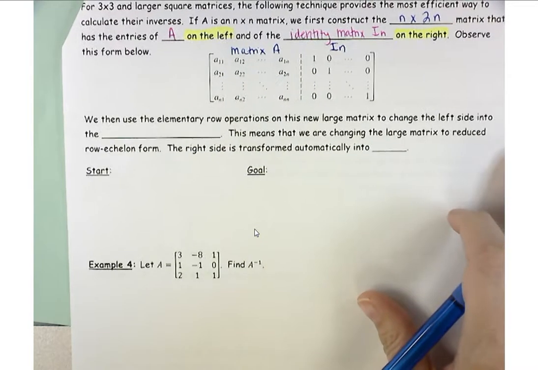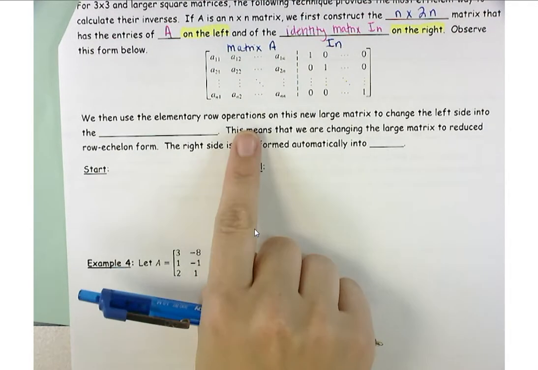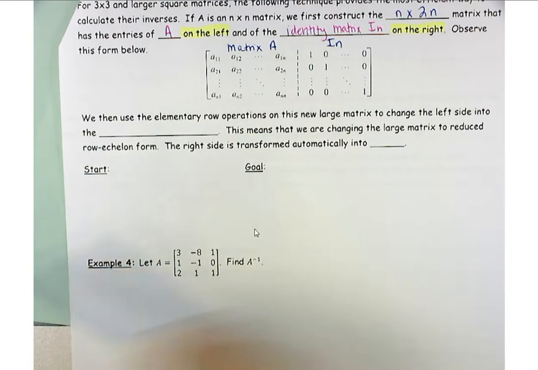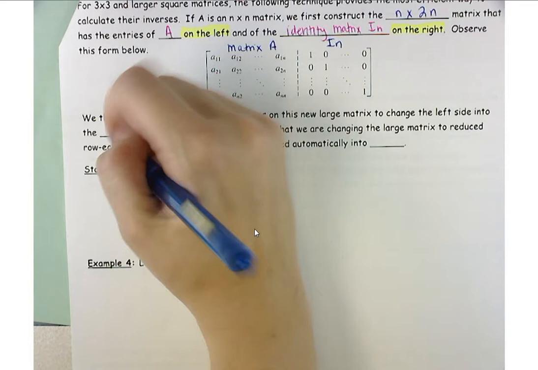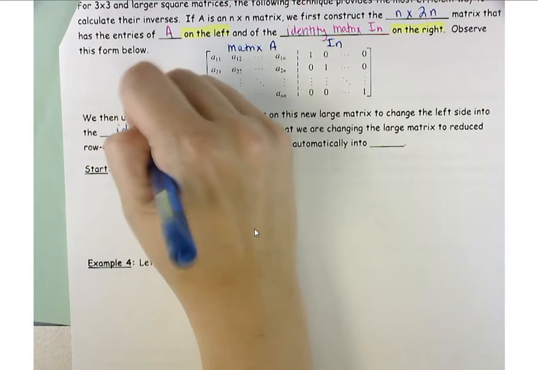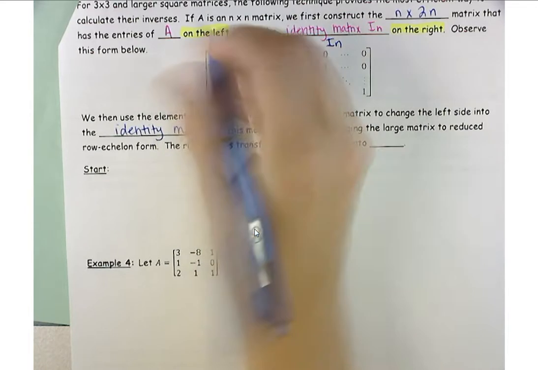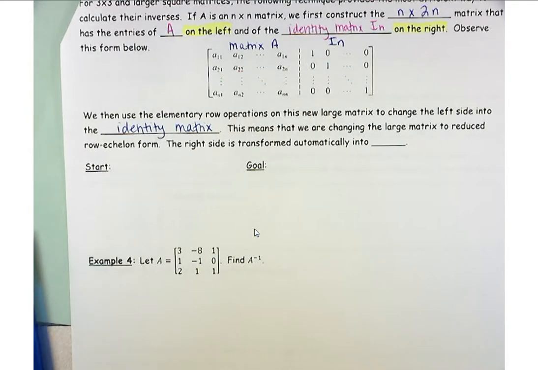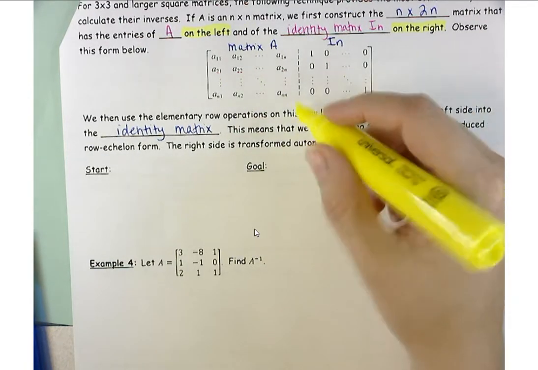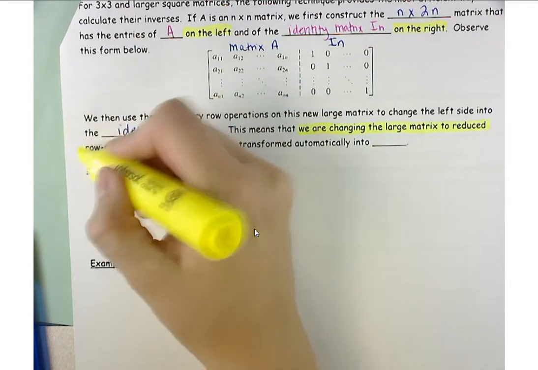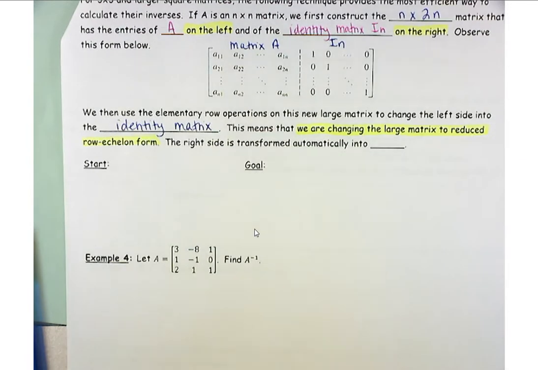So then what we're going to do is use the elementary row operations on this new large matrix, and that's going to change the left side into the identity matrix. And what that means is we are going to change the large matrix to reduced row echelon form.